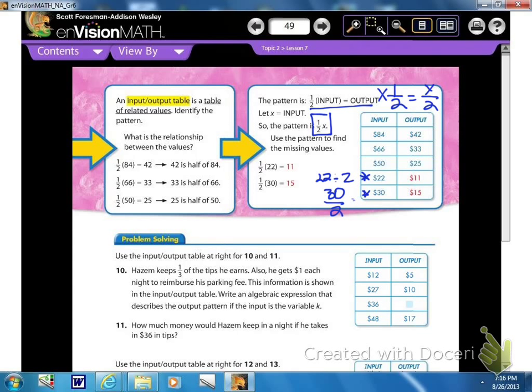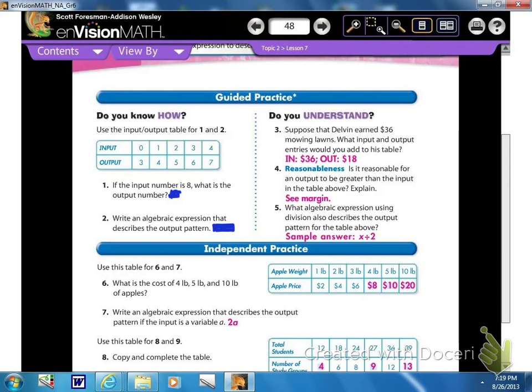Okay, so you're looking for an algebraic expression to figure out this input-output pattern. Okay, so let's look at this input-output table under guided practice on page 48. So remember, let's say the input is X. What am I doing to X to get my output? So what do I do to 0 to get 3? What am I doing to 1 to get 4?